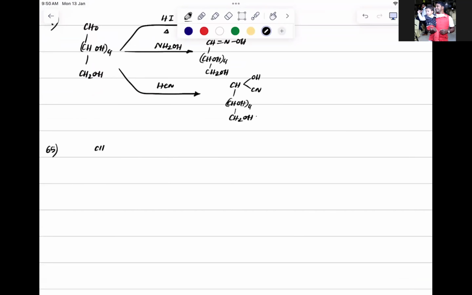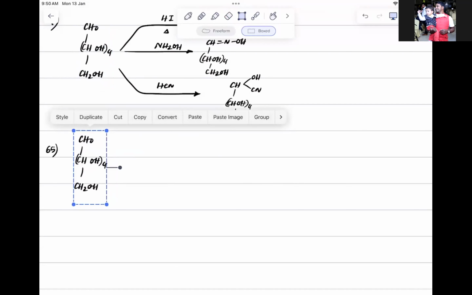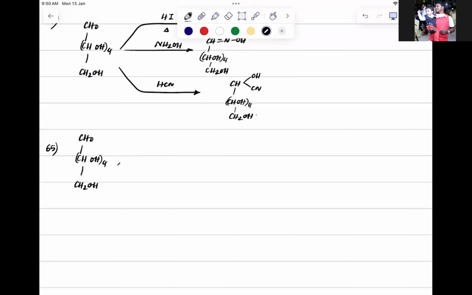Next, the same glucose is being used here. If at all we treat the glucose with Br2 and H2O, then we'll see this as COOH, CHOH 4 times, and CH2OH. This is gluconic acid.